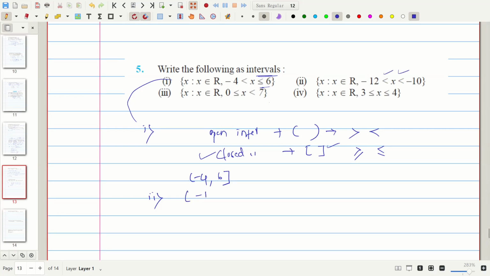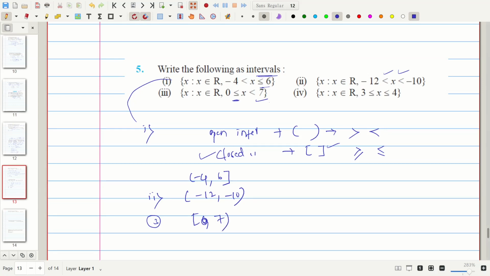Both are open. Then we can write as minus 12 and minus 10. And the third one: here it is closed, and here it is open. Then we can write closed here, and 0, and here open.